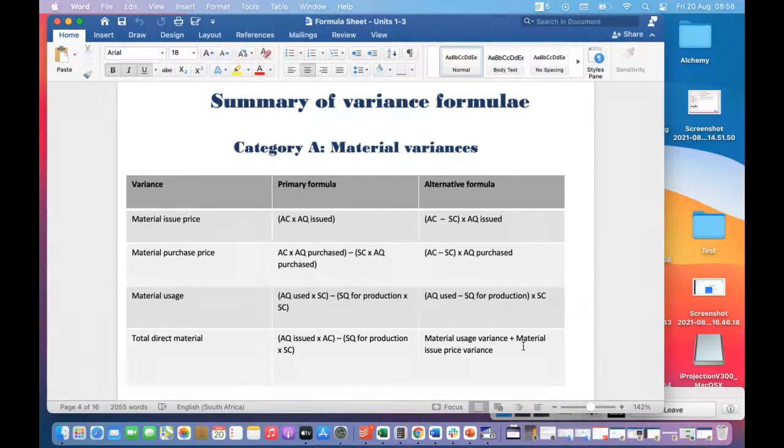When they start to tell you about material issue price, then you know it's about how much we actually issued, allowed for production. Then with usage, we're talking about how much we allowed him or permitted him to use versus how much he actually used.